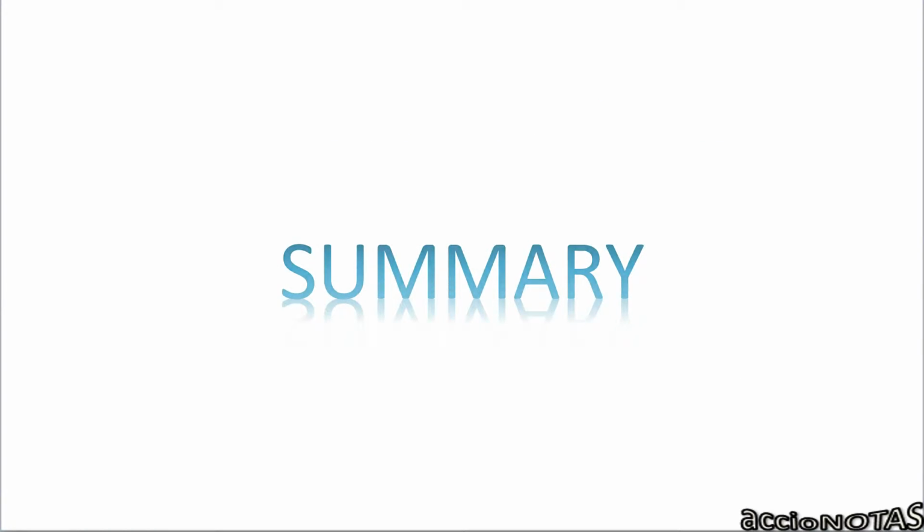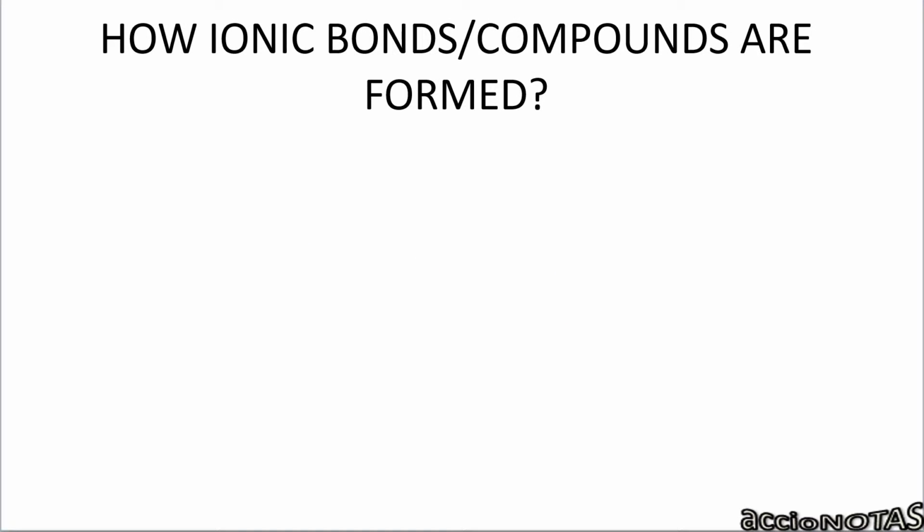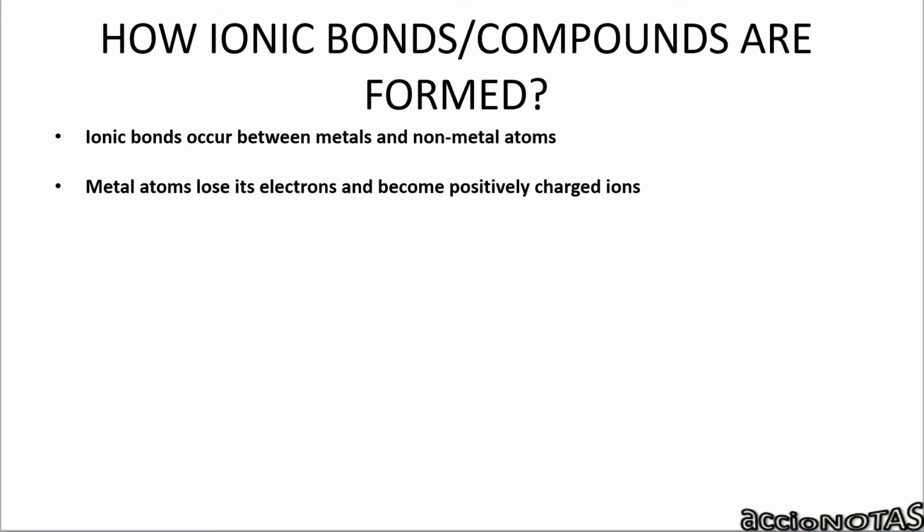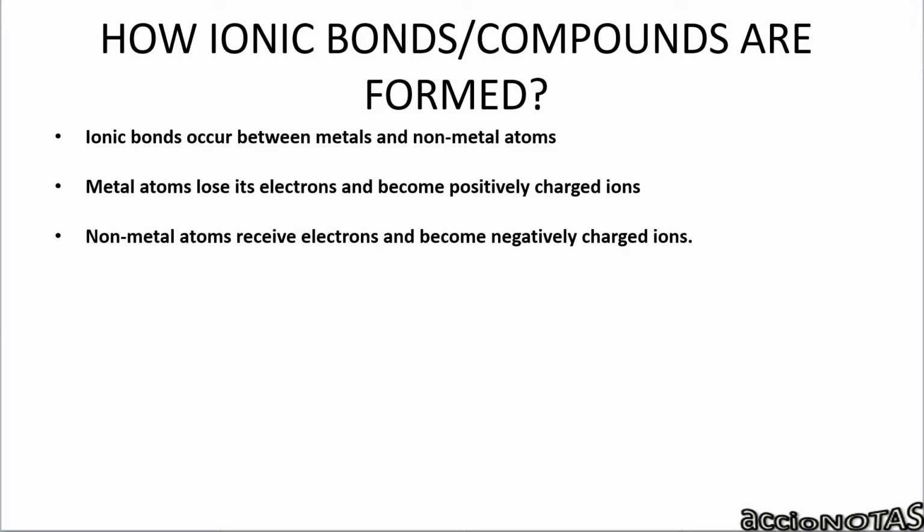Summary: how ionic bonds or ionic compounds are formed. Ionic bonds occur between metal and non-metal atoms. Metal atoms lose electrons and become positively charged ions. Non-metal atoms receive electrons and become negatively charged ions.